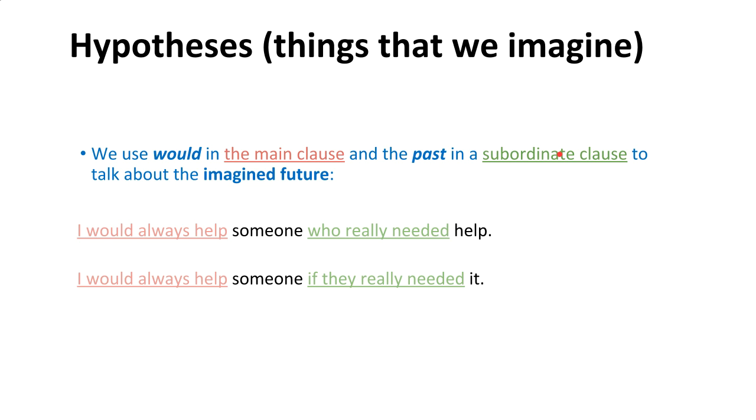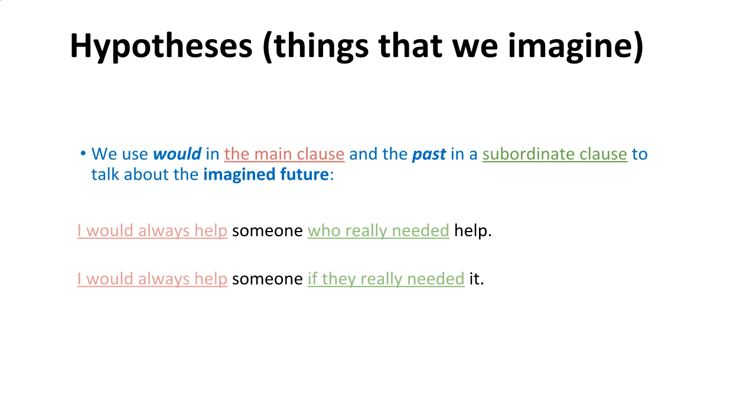A subordinate clause is not an independent clause, so it needs a main clause to make some meaning. So is green an independent clause or a subordinate clause? Let's take a look. I would always help someone who really needed help. I would always help someone if they really needed it. So these are the things that you imagine for the future.